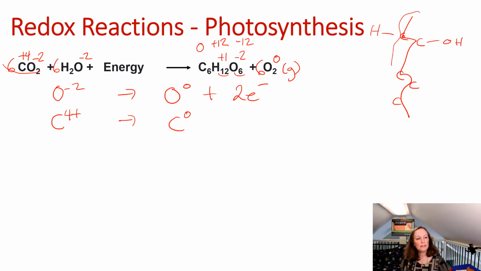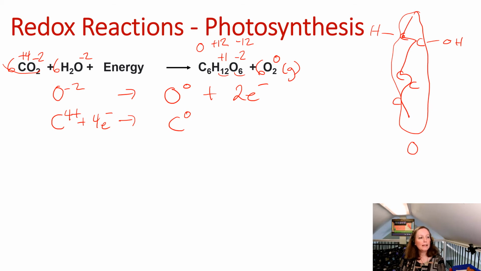You can see that likely the middle will have a 0 charge, and then you can have some positives and negatives on the ends. So I can see why it's more likely that carbon wouldn't have a charge. So for your carbon, you're going from a +4 charge to 0. To offset that, you're going to need 4 electrons.